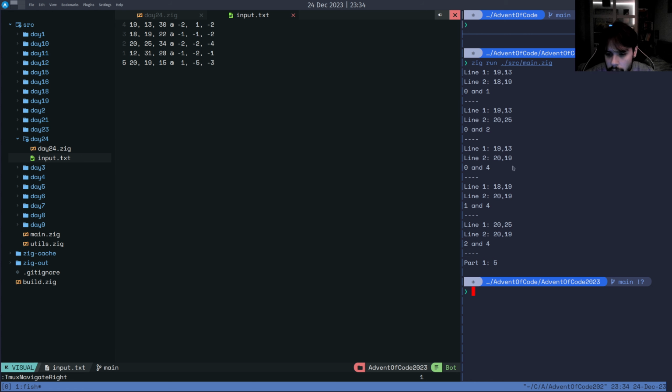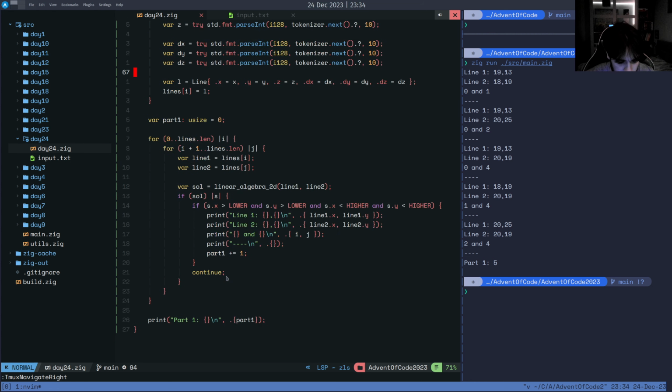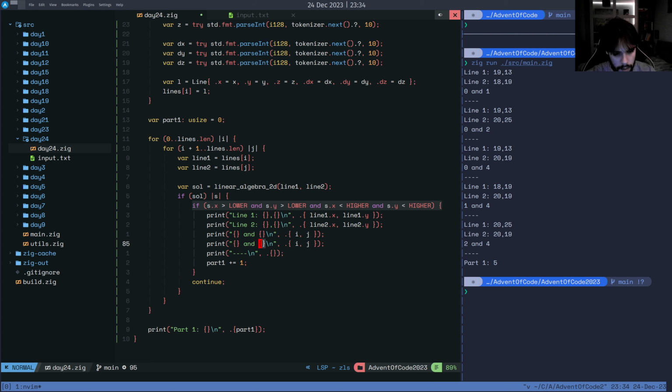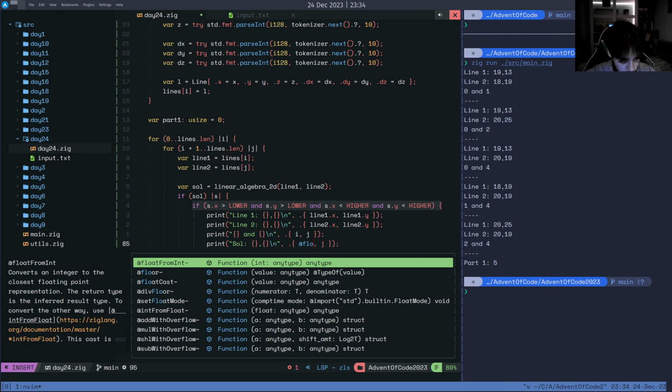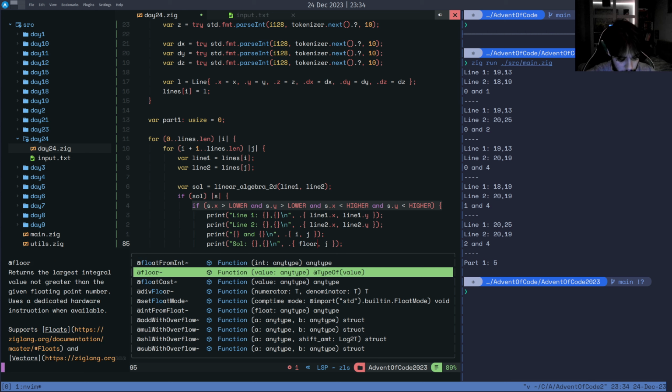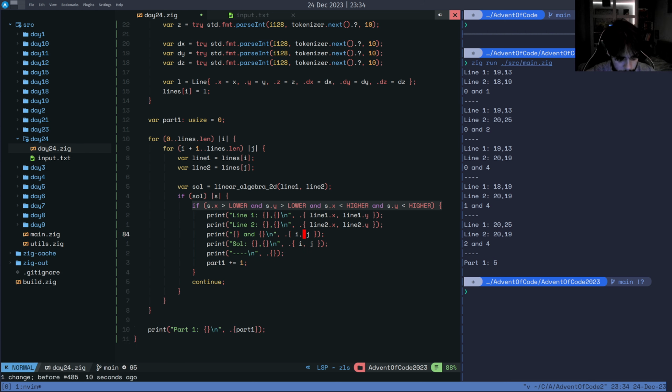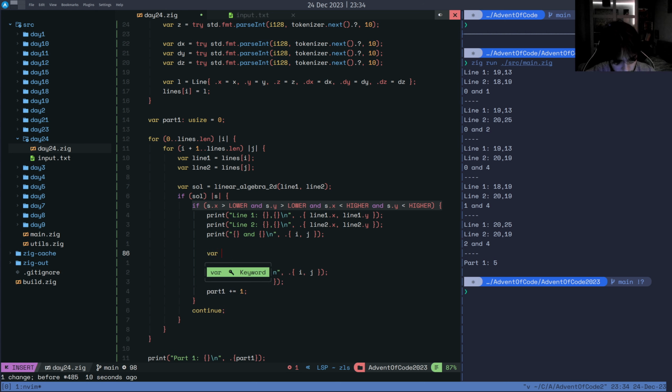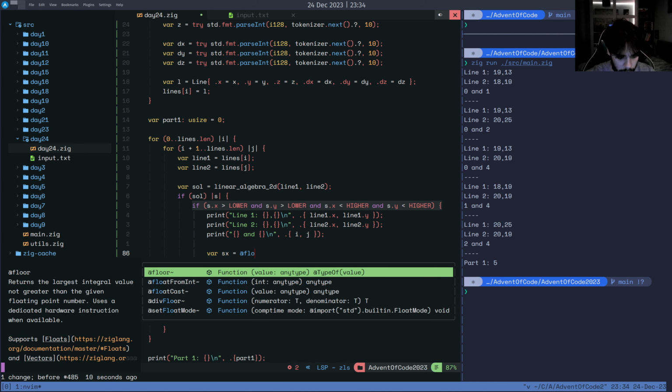So we did not print the solutions. That's great. So yeah, we did not print the solutions because I have no idea what those are. I'm gonna floor the solutions. Solution at floor. var sx equals at floor.